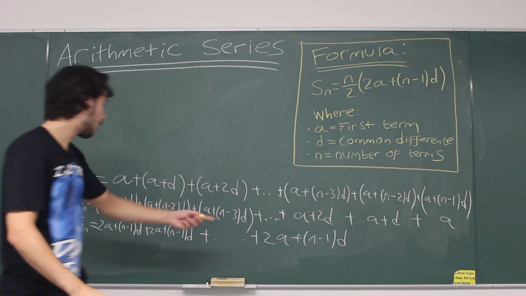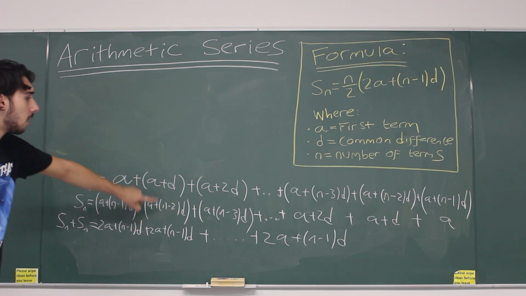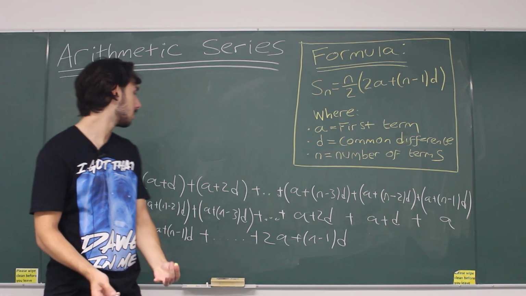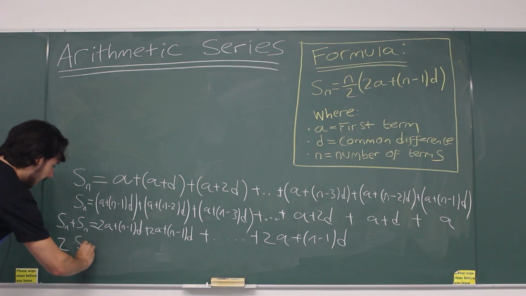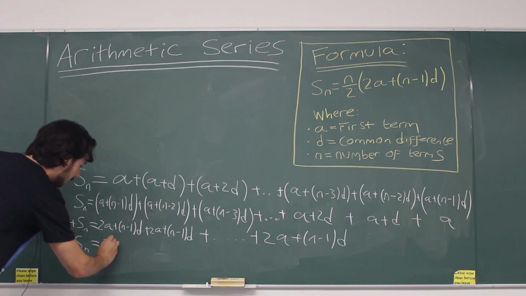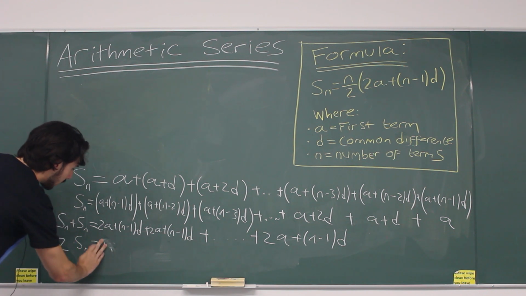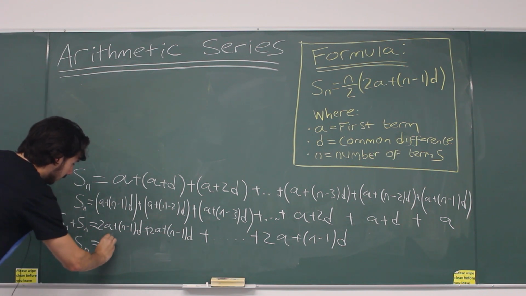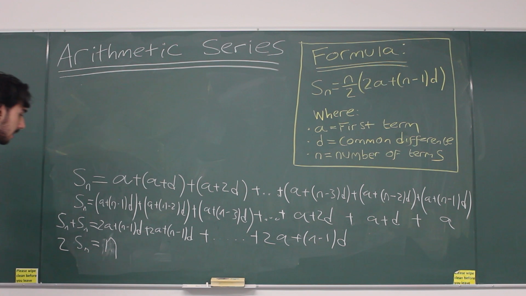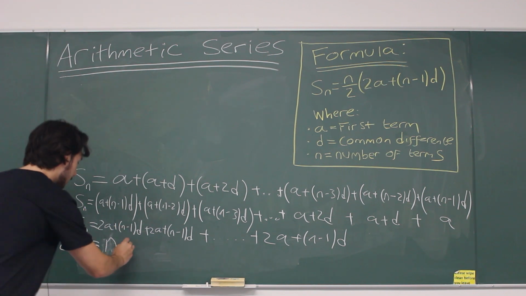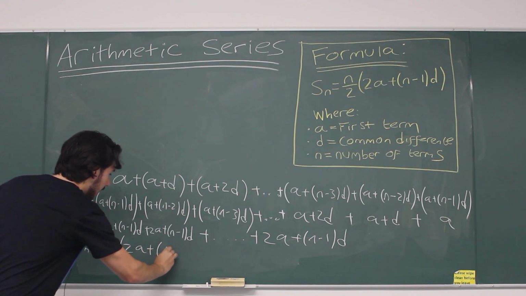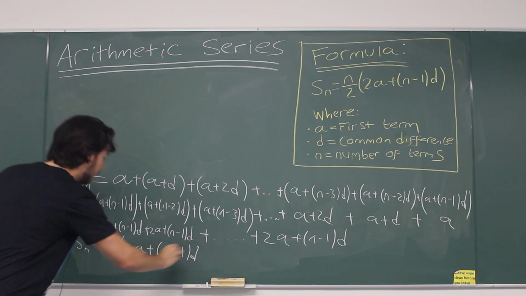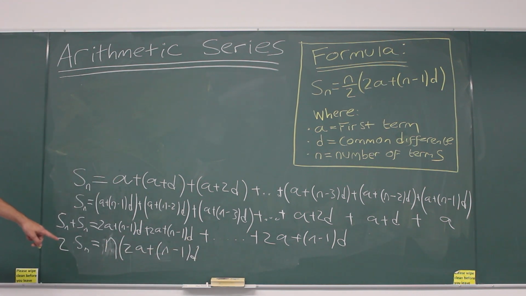How many of these are there? Well, we did it n times because there are n terms. So 2 times Sn is n times (2a plus (n minus 1)d). That's 2 lots of Sn.